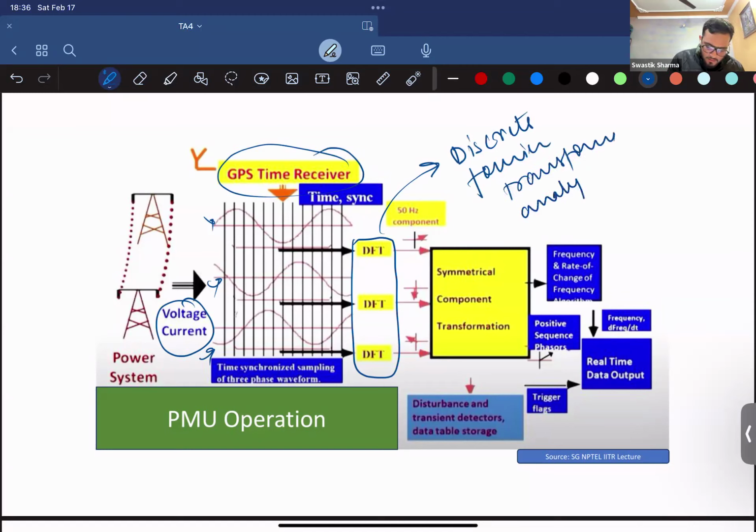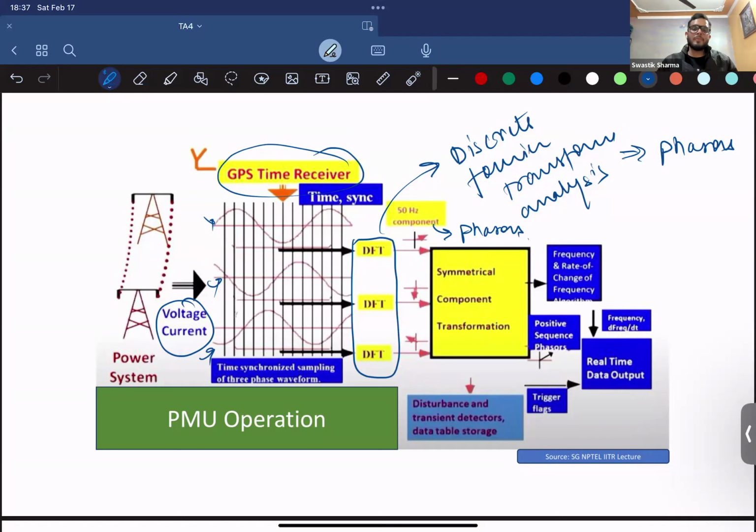For this analysis, you want the 50 hertz frequency component and the associated phasors. It does not directly give you the phasors; you still need to do a bit of mathematical calculation on what you get out of the discrete Fourier transform analysis. But what you get are the phasors.